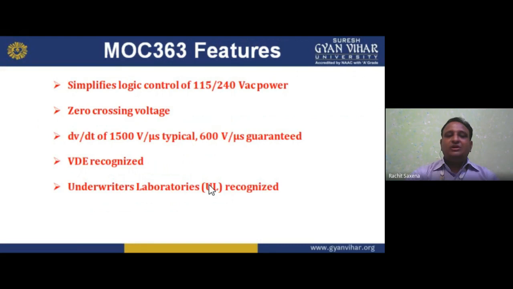In the typical case it is 1500 volt per microsecond, but in the guaranteed case we are getting 600 volt per microsecond. It is also UL recognized, that is Underwriters Laboratories recognized. So these are the features.